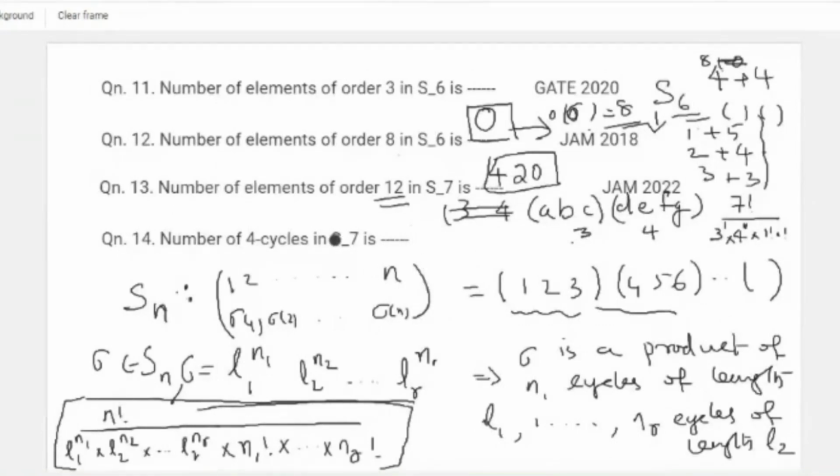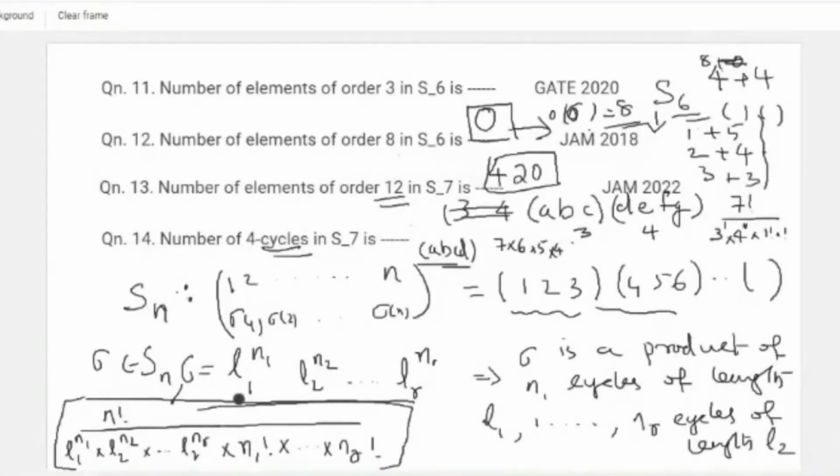Okay. Now the number of 4 cycles in S7; this is cycles only. A 4 cycle of the form (A B C D). There are 7 characters, so A has 7 choices, B has 6 choices, C has 5 choices, and D has 4 choices. Using this, you can compute how many 4 cycles there are.